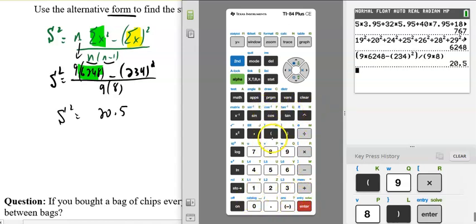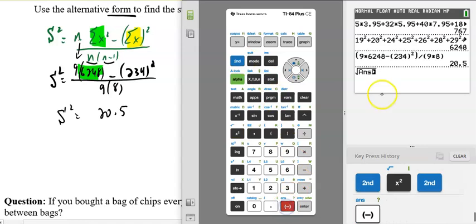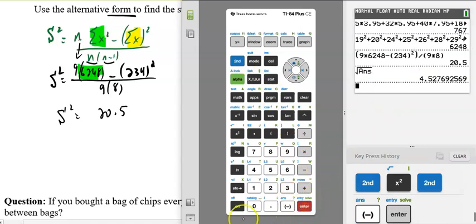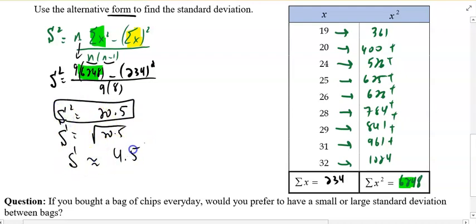The square root key on your calculator is second right there. And if you go for the answer, there it is, 4.5 roughly, 2 decimals. So s equals the square root of 20.5, and that's why we say s is approximately, because we're approximating that. Standard deviation and variance.